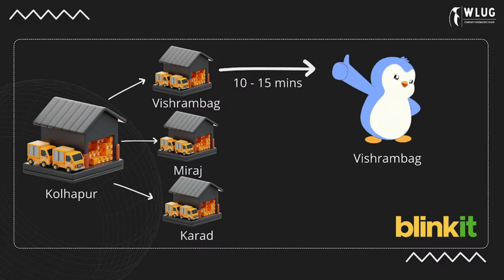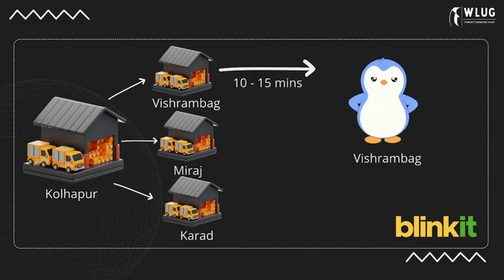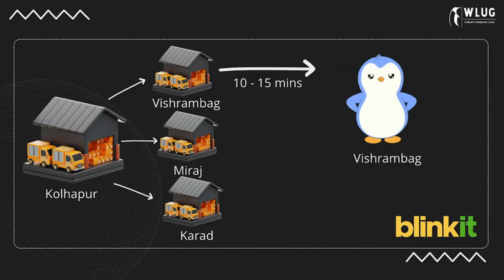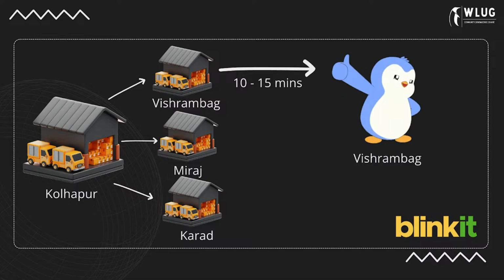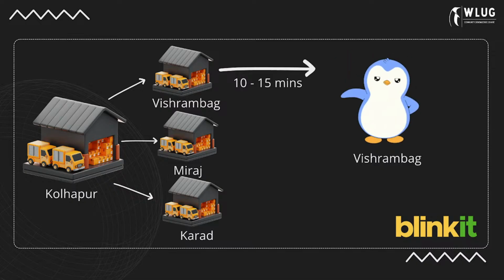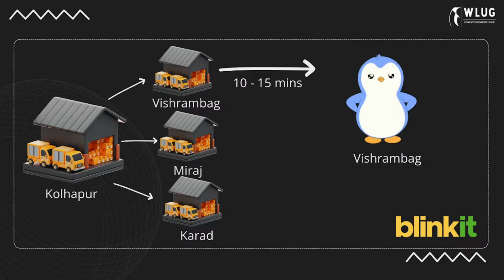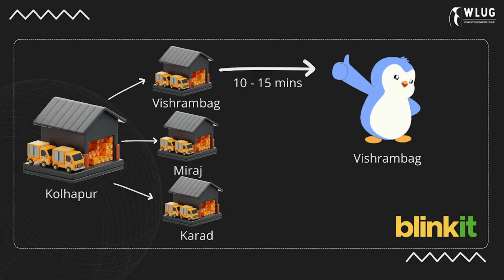So now, when the DNS routing system wants to choose which warehouse to get the ingredients from, it can check out Vishrambagh, Miraj, or Karad. But let's say that the Vishrambagh server has a lot of hold up. There are a lot of orders that still need to be processed.